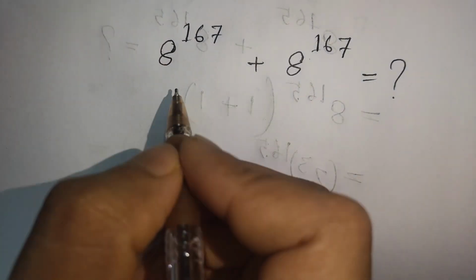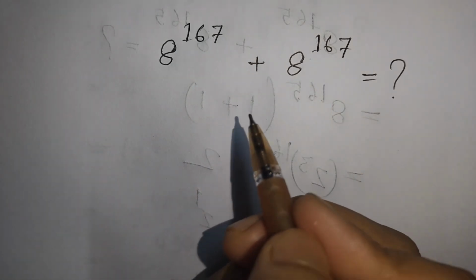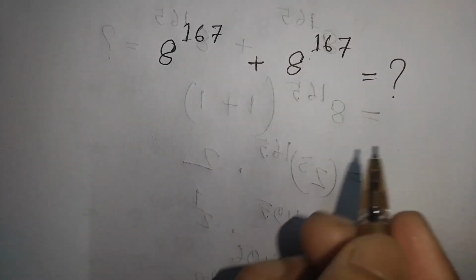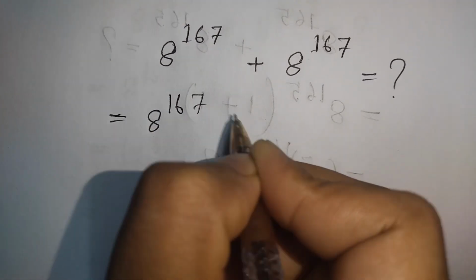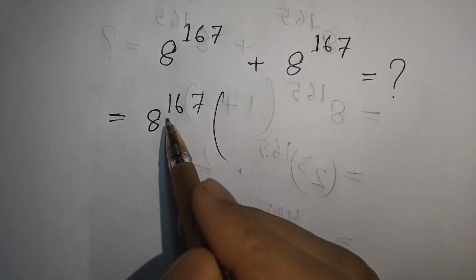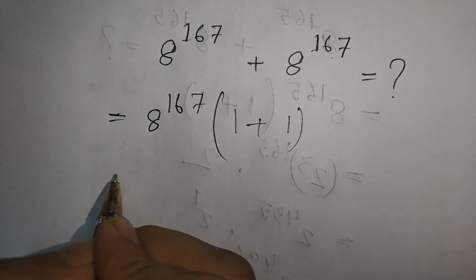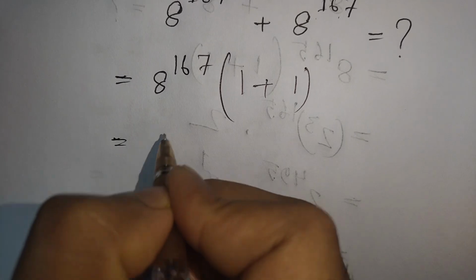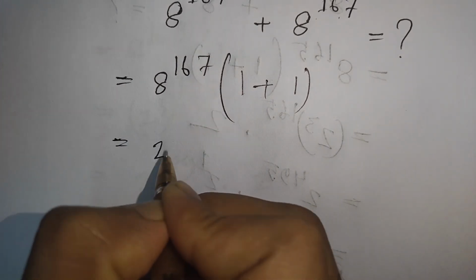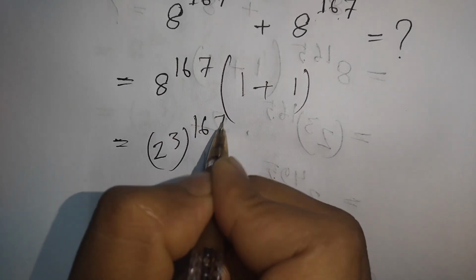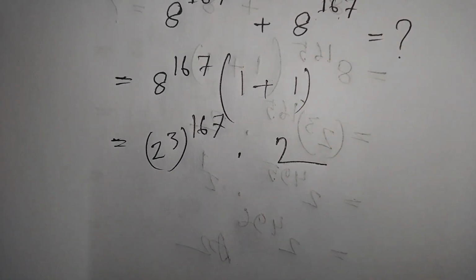So now how to solve 2 to the power 501 plus 2 to the power 501 is equal to what? At first we take common 2 to the power 501, first bracket start, this divided by this, that means 1, plus this divided by this, that means 1. Then 2 to the power 501 times 1 plus 1, that means 2.